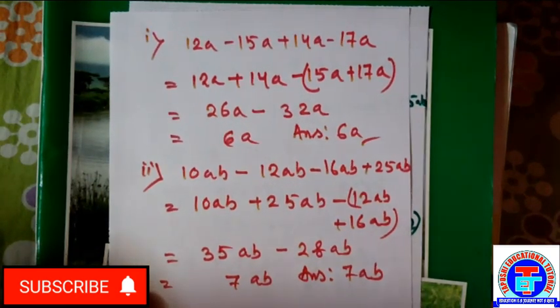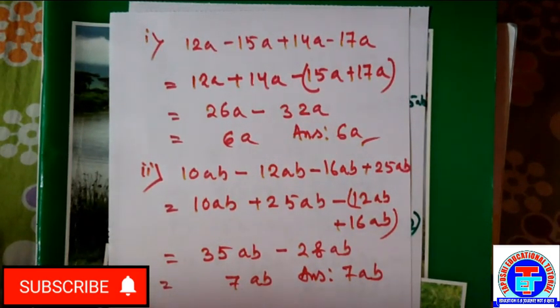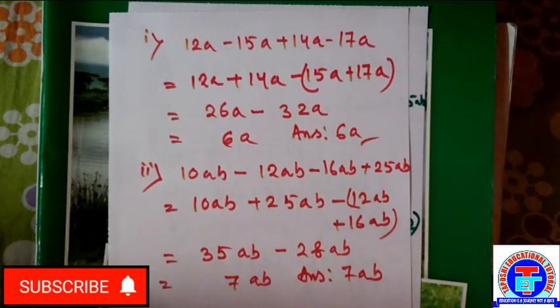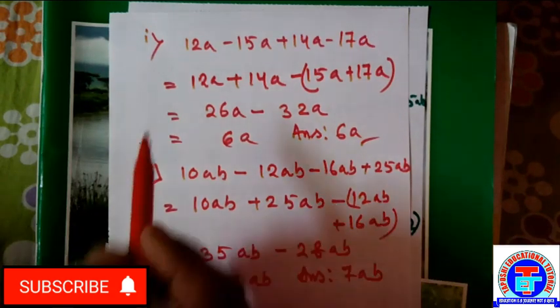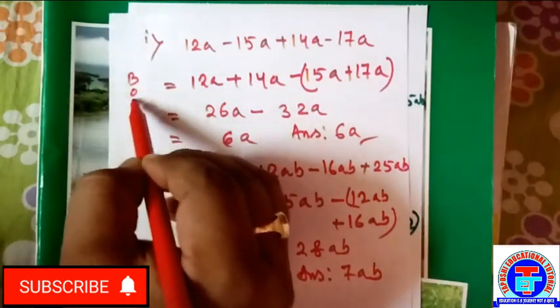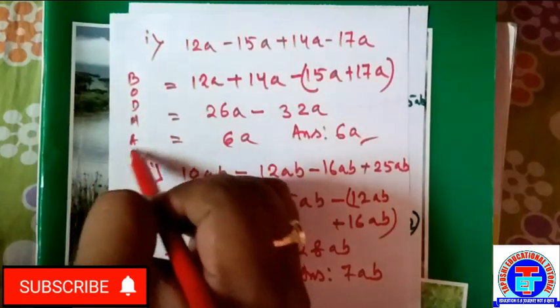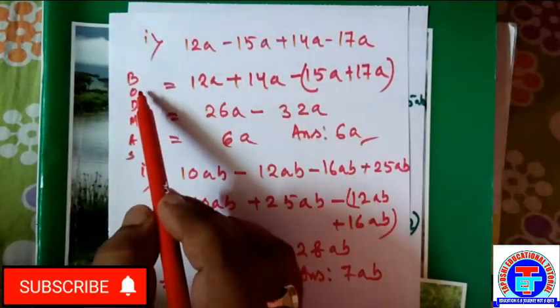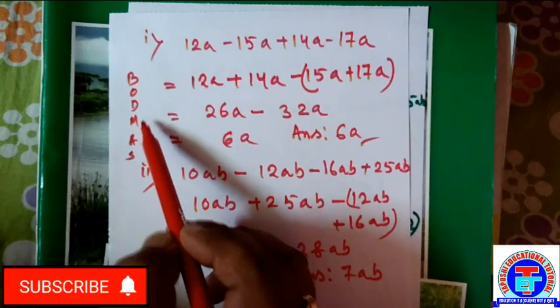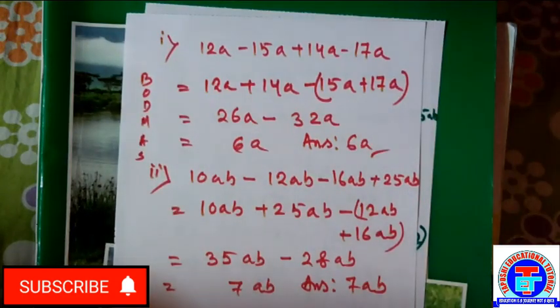You already learned numerical simplification, and in the same way we solve this. That means we follow the BODMAS rule: bracket, of, division, multiplication, addition and subtraction, right student?